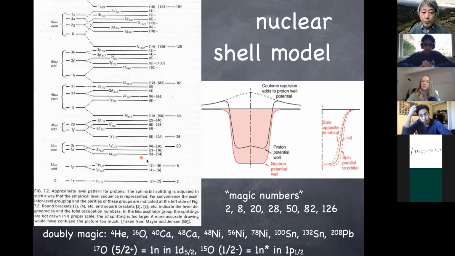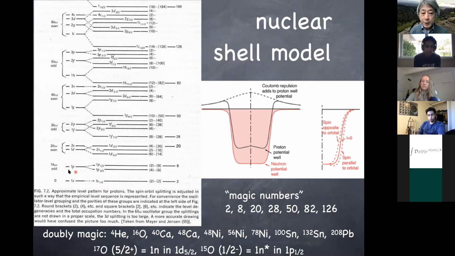And finally, you look at the positions where you seem to see the widest gaps among the different energy levels. So if you occupy both of these 1s states with two different spins, so j is 1/2, there are two states, that's one closed shell, and that's a magic number 2.